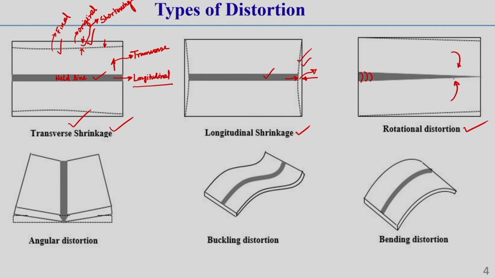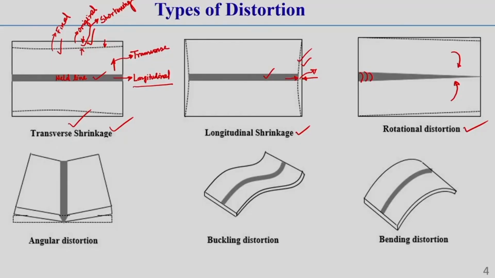Due to this shrinkage force, what happens, initially it was straight. So, due to this weld solidification, there is a chance to rotate these two plates, and what happens, the root gap closes. What I am telling, understand? So, that type of phenomenon or distortion is called rotational distortion.